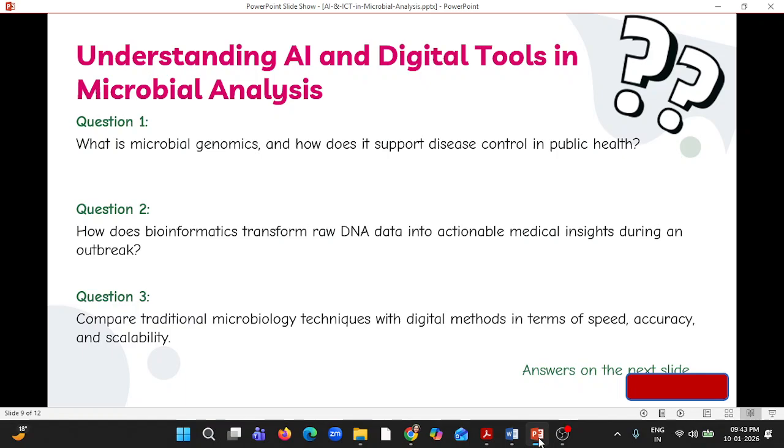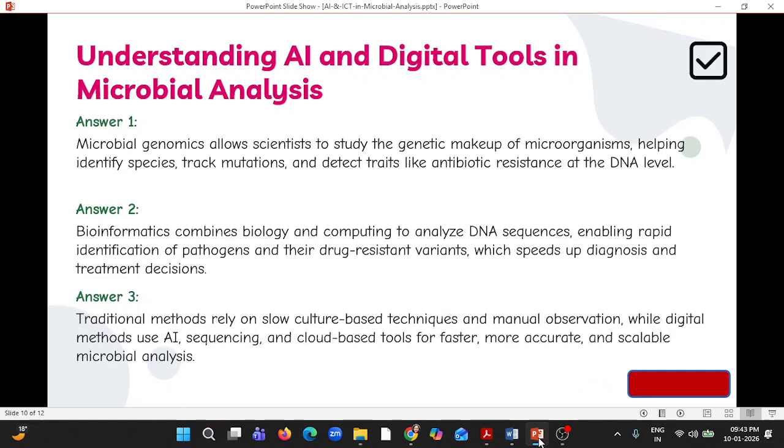How does bioinformatics transform raw data into actionable medical insight during an outbreak? You could compare traditional microbiology techniques with digital methods in terms of speed, accuracy, and scalability. These are the answers to the questions. You could compare them with your own answers.